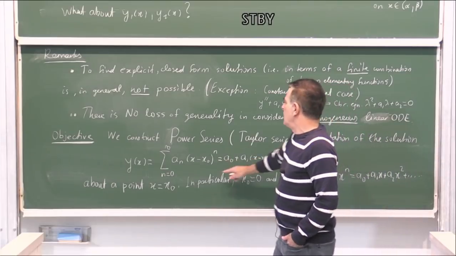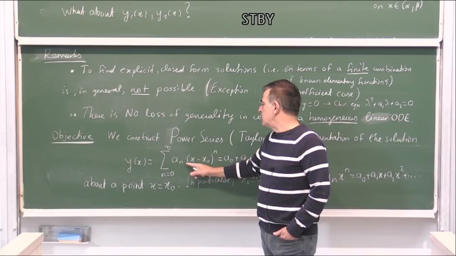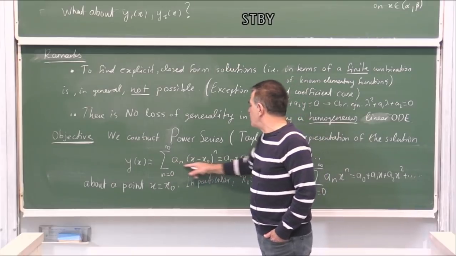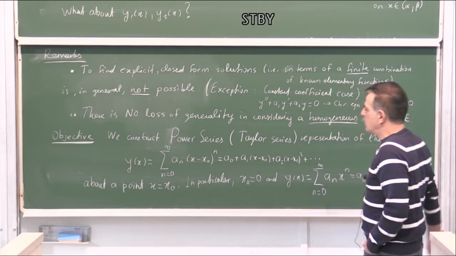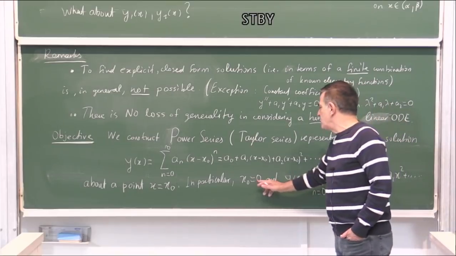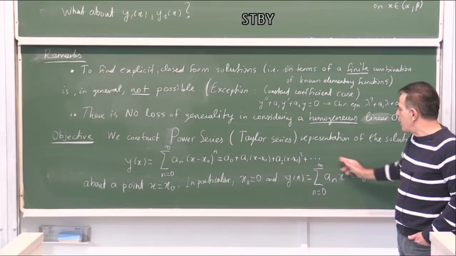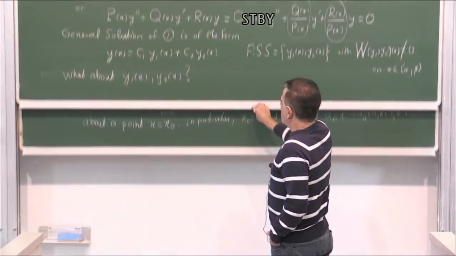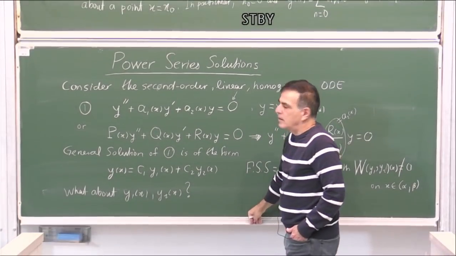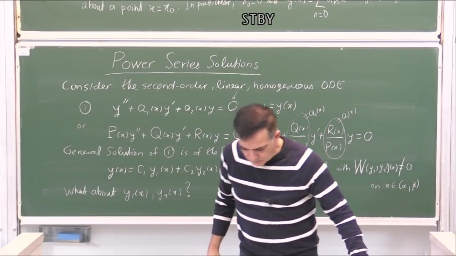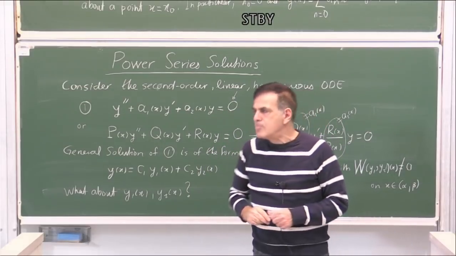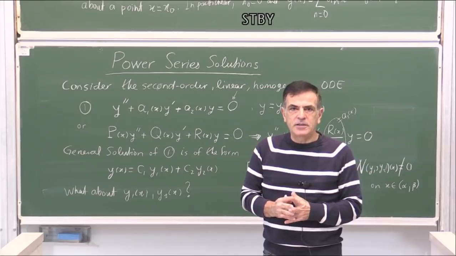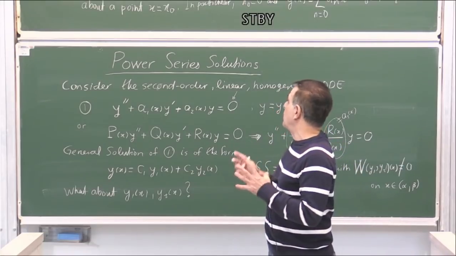In general, when we expand any function about a point x0, a series of this form is called a Taylor series about x equal to x0. If x0 is 0, the corresponding Taylor series has this form, and which is called Maclaurin series. Okay. Now, two basic questions now arise. How do we choose x0?